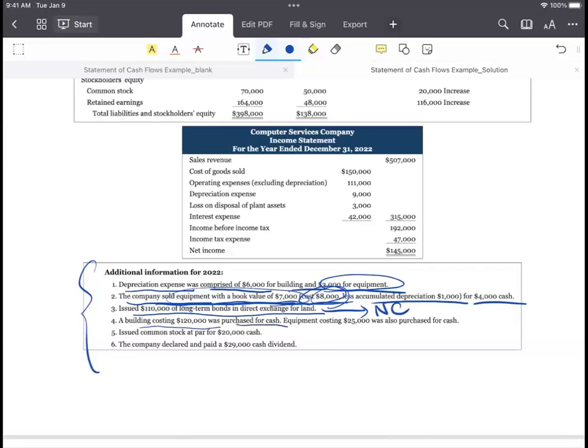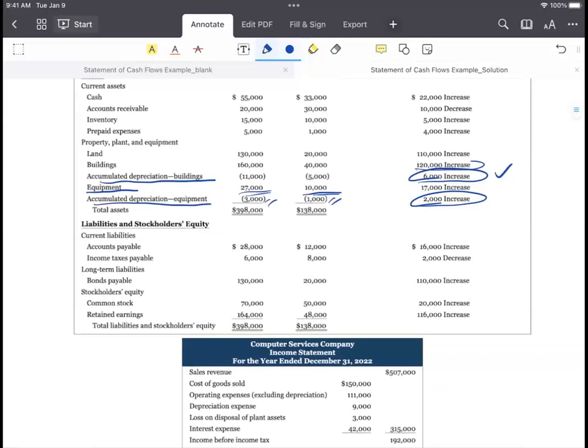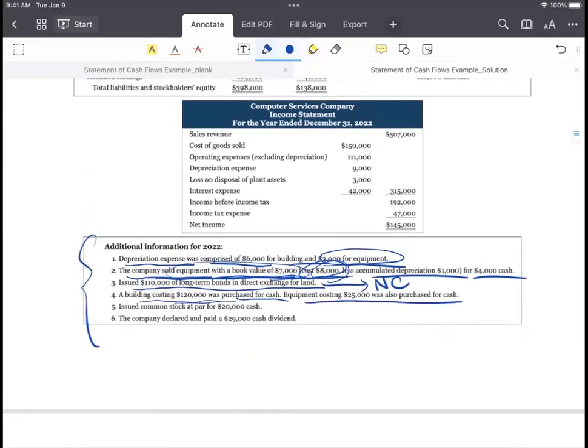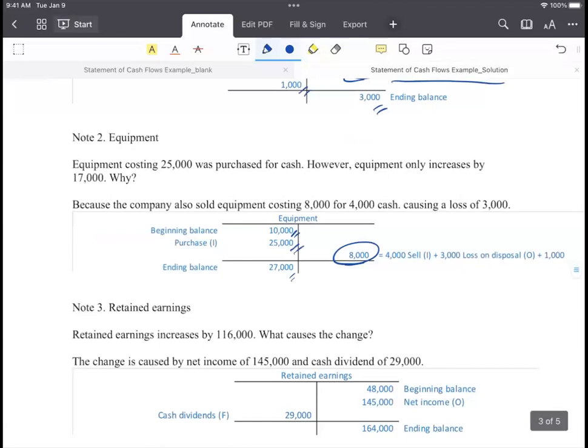So here you go, 120,000. This explains the increase in the building account. And equipment costing 25,000 was purchased for cash. This explains why the equipment account increased by 17,000: a cash purchase of 25,000, decreased by 8,000.